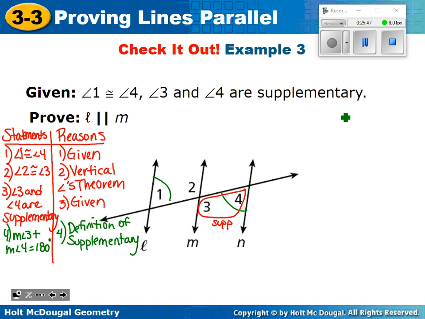Again, remind me, what are we trying to get so that we can say the lines are parallel? Okay, we want 1 and 2 to be supplementary. And right now we have 3 and 4 are supplementary. So what do you see that we might be able to do here?